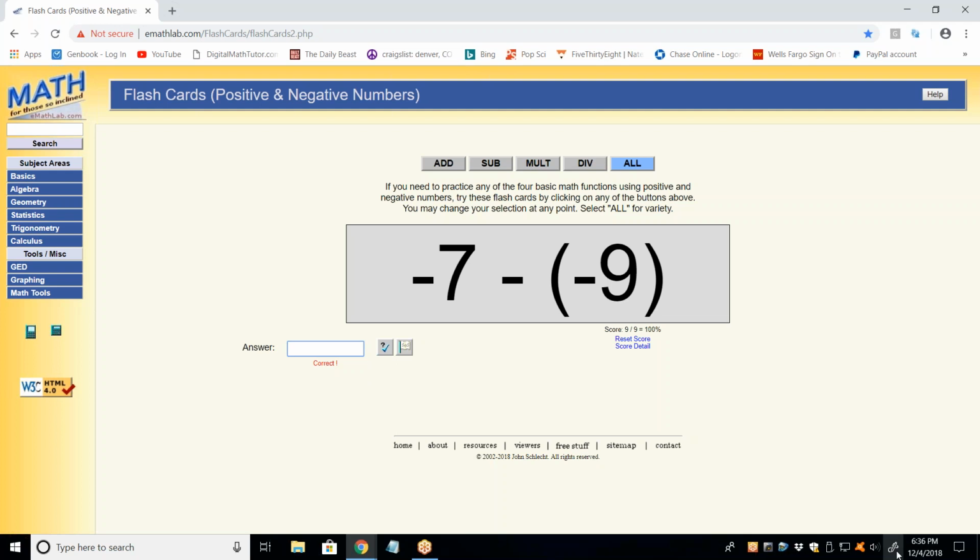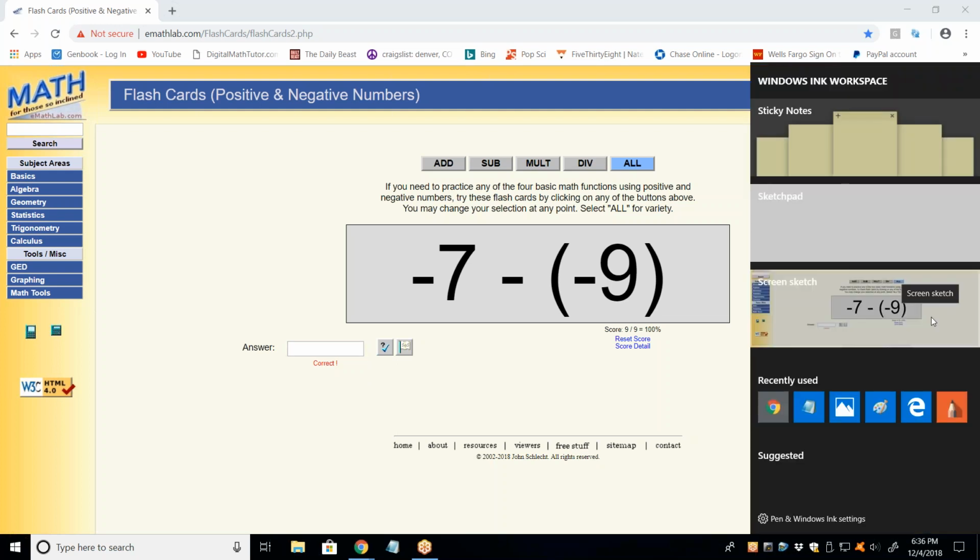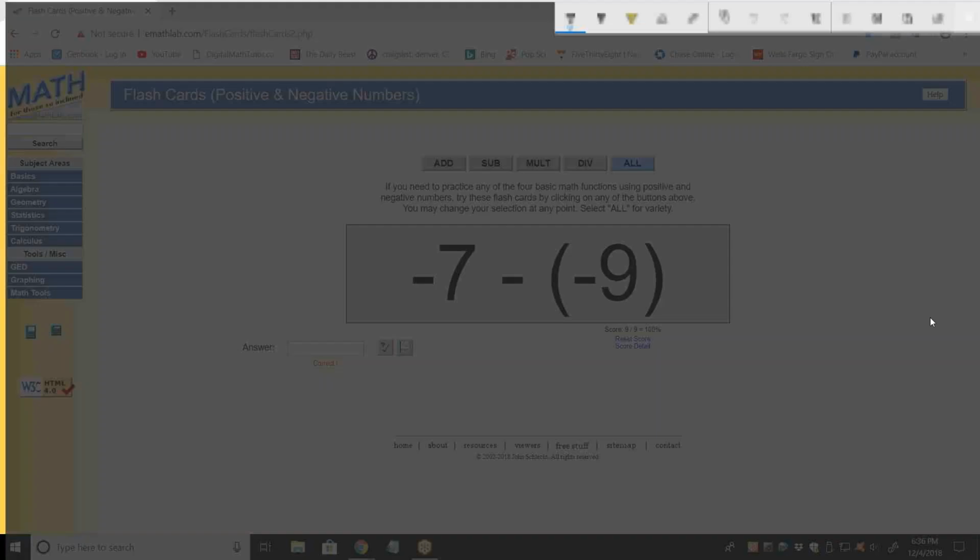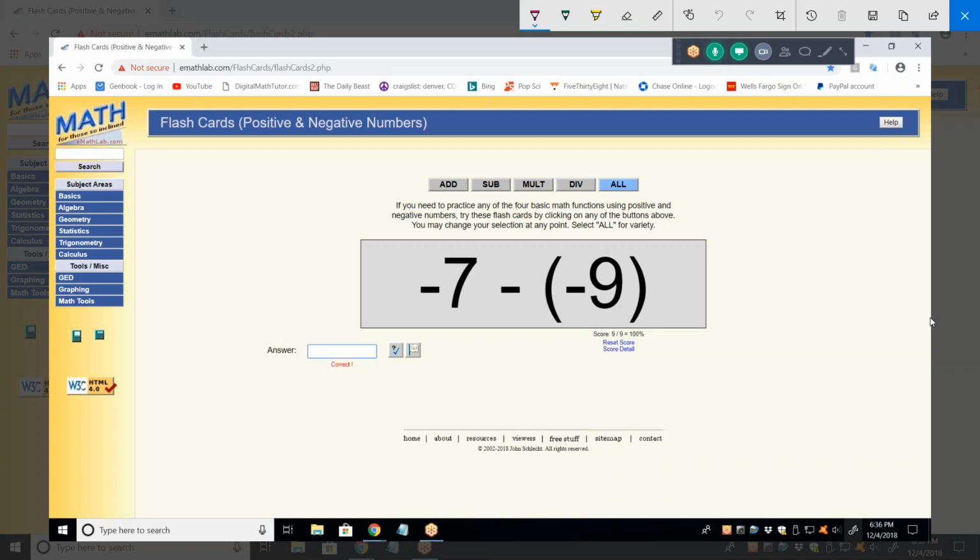What's the first step going to be? Sorry. Okay, what's the first step going to be? You're gonna turn the subtraction sign into addition. Okay, like this.